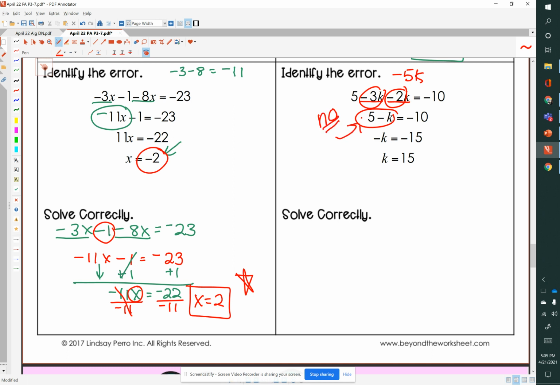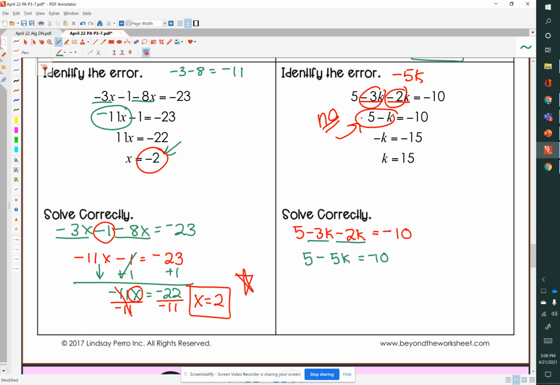So let's see if we can solve this correctly. So it's 5 minus 3k minus 2k equals negative 10. So negative 3k minus 2k is negative 5k. So that would be 5 minus 5k equals negative 10.